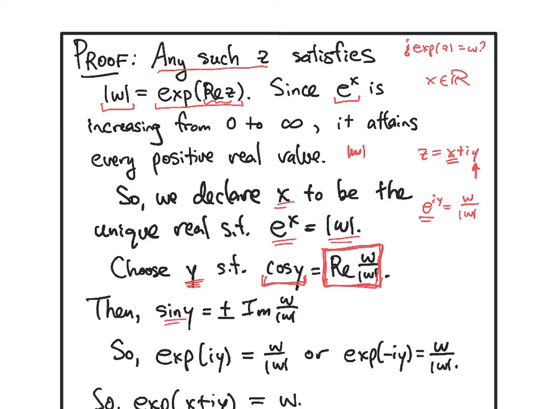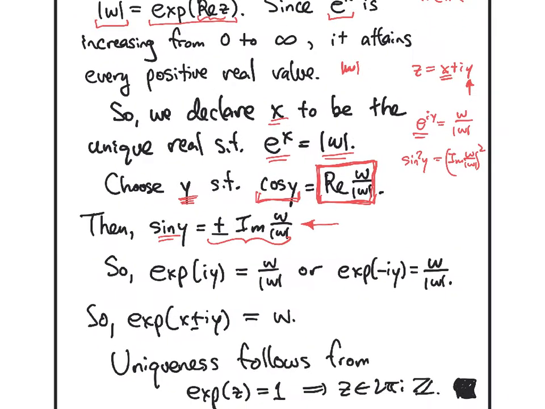So what we get out of this is that sine of y will be plus or minus what we want, just because we'll automatically have that sine squared y will be the imaginary part of w over the modulus of w, squared. So we get the right thing up to a plus or minus. So from this, we would get that exp of iy is either the thing we want, w over its modulus, or exp of negative iy gives us the right thing.